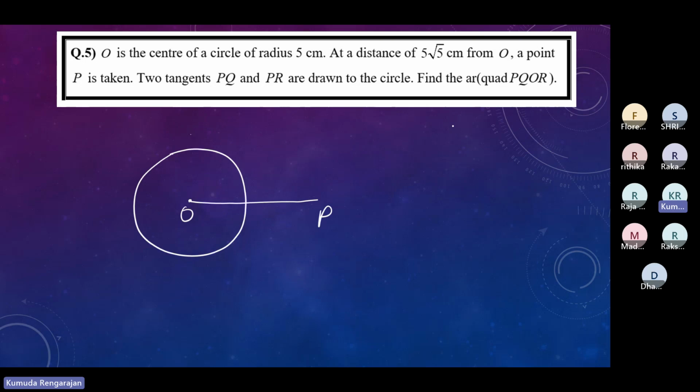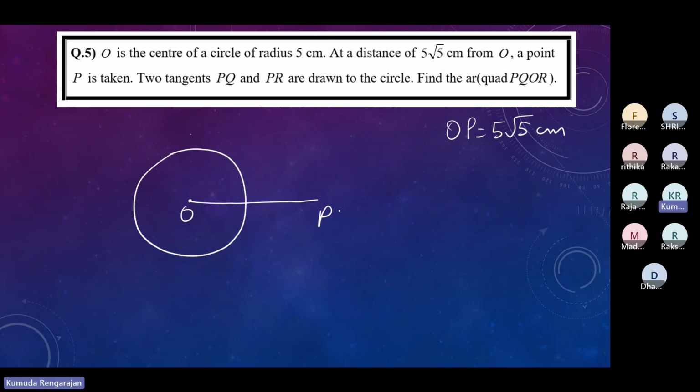So OP is equal to 5√5 centimeters, because at a distance of 5√5 centimeters from O, a point P is taken, which means OP is equal to 5√5 centimeters.